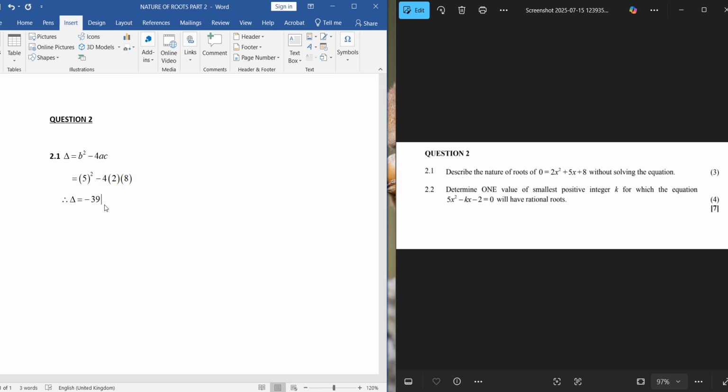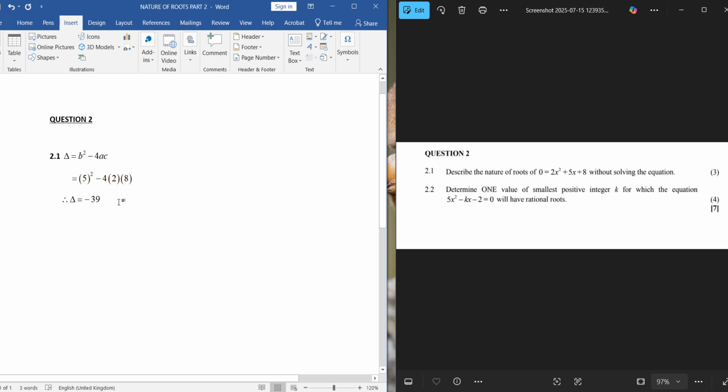Delta is going to be a real number, the roots are going to be real, the roots are going to be rational, and the roots are going to be unequal roots, if only delta is a positive number that is also a perfect square.